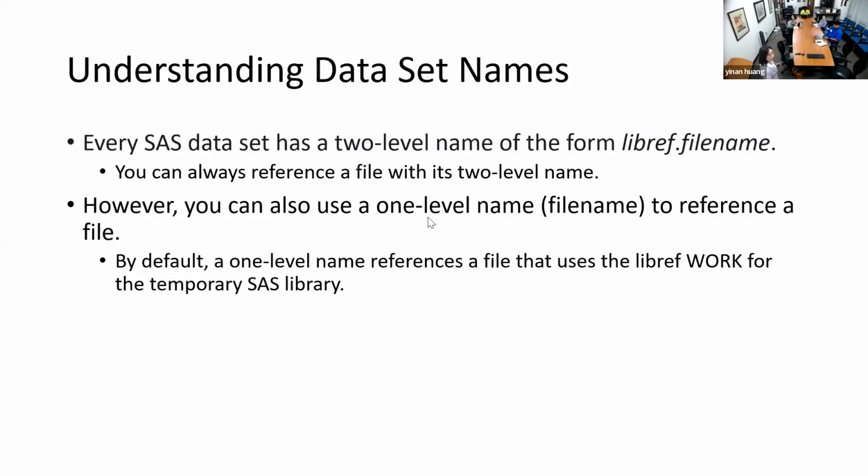However, like I said, you can also use one level name. When you use a one level name, the file name, it just defaults to referring to the work library. That is a temporary SAS library. So what I suggest is, if you don't need to use this data set next time, if it is just for an intermediate purpose, you just need to specify the file name.